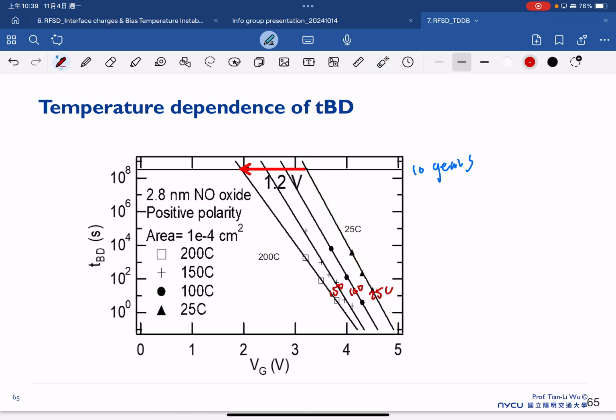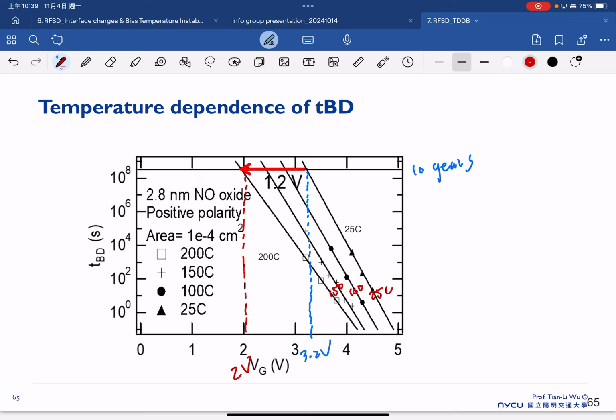So for example, in this one, we can see this voltage, which is 3.2 volt. And this voltage is 2 volt.